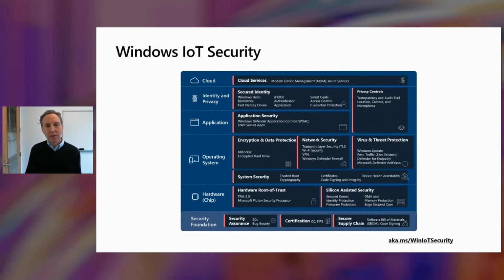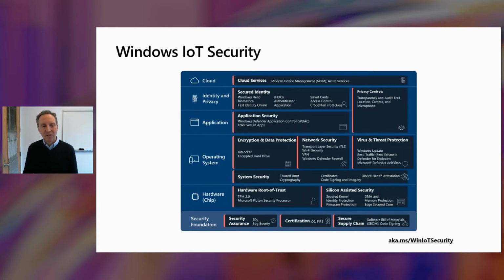I do want to touch on security a bit. This is a very dense slide, so I'm not going to go through all of it. But I mentioned a few times that security becomes more important, and I wanted to give you a sense of the kinds of things we're doing here at Microsoft to secure the Windows platform. And it really starts at the bottom with a bunch of processes and programs to ensure the ecosystem itself is helping to contribute to a more secure environment.